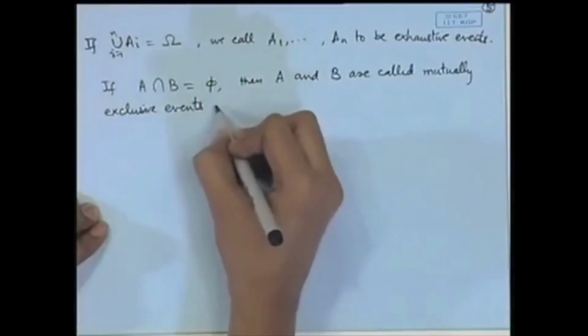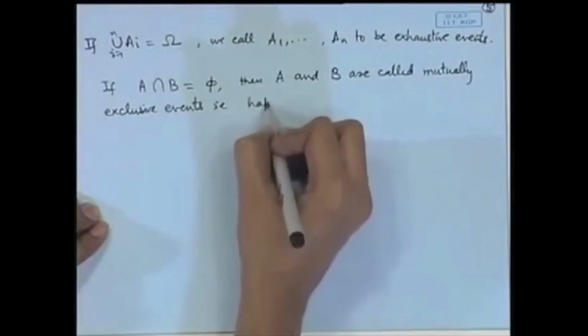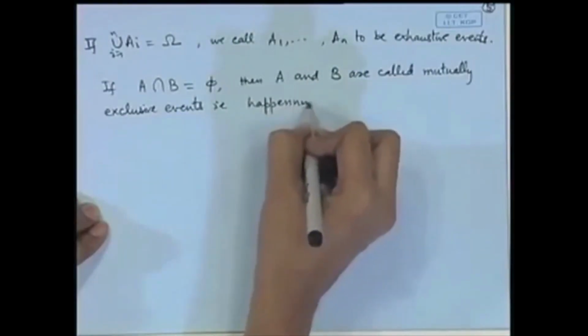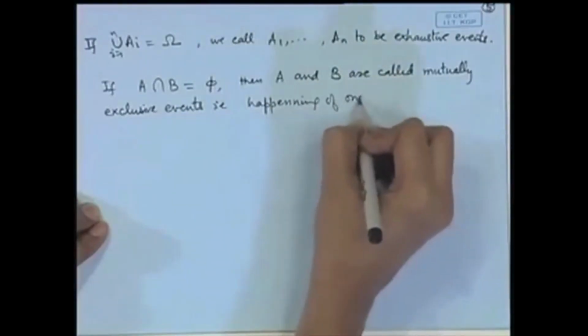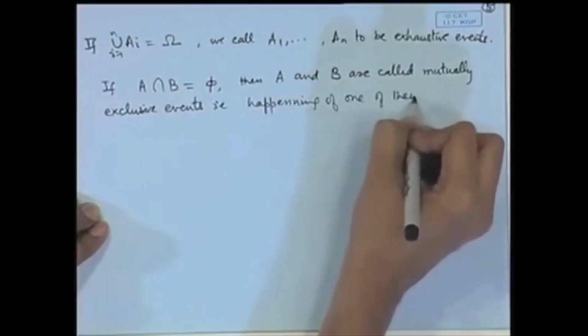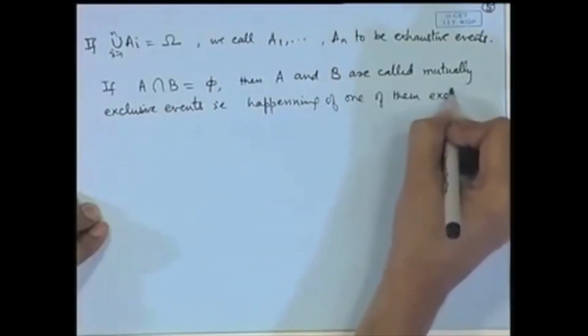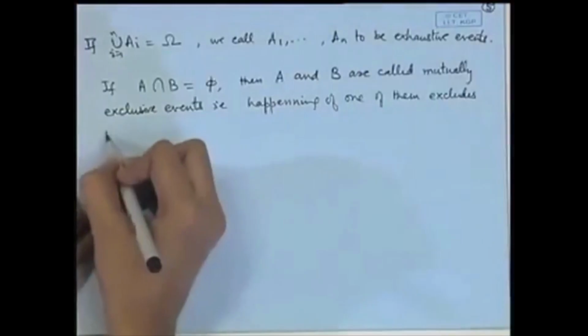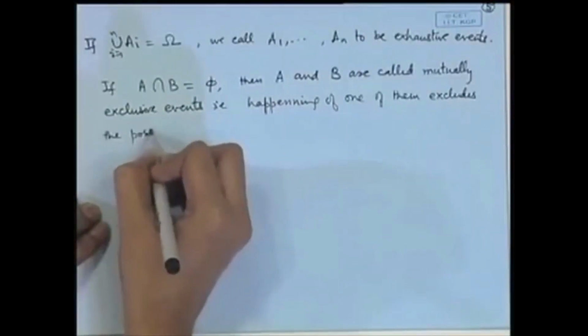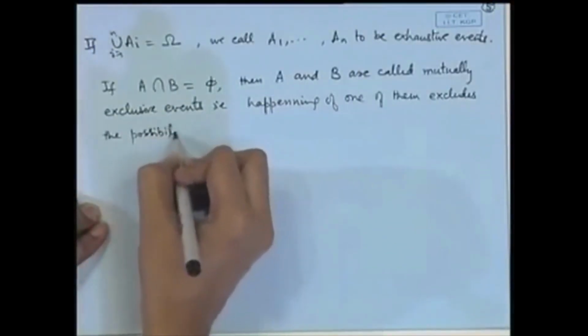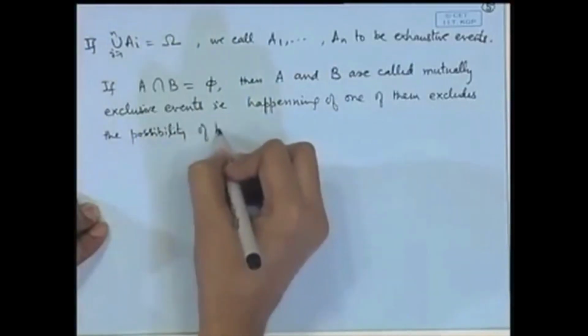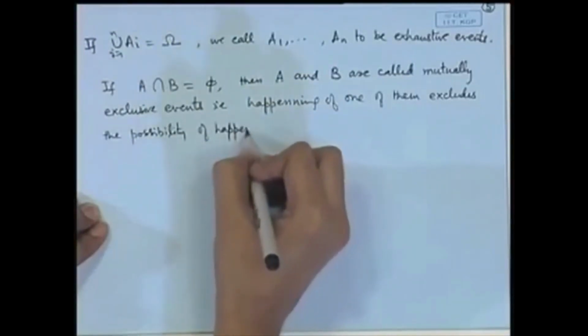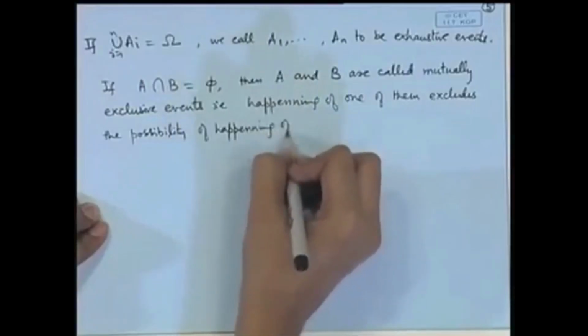That means happening of one of them excludes the possibility of happening of the other.